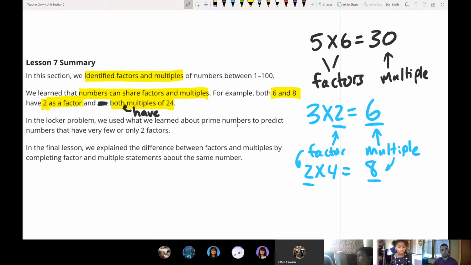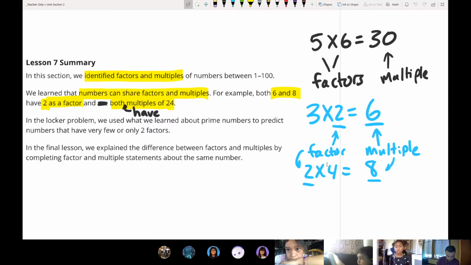What do you think? Remember, multiples the product at the end, right? It's what it equals, right? So we need some math problem that has 24 at the end and 6 as a factor, and then multiply by some number that gets us to 24. I can even write that out for you.